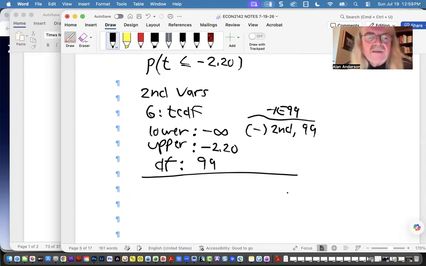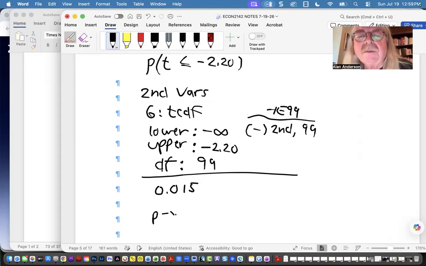And that will be, okay, so it's 0.015, almost exactly.